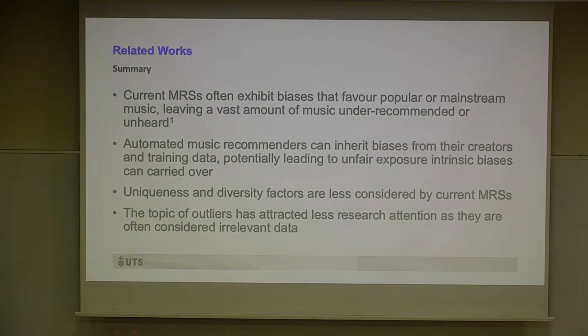Also, uniqueness and diversity factors are normally less considered by current recommendation systems, and the topic of outliers has received less attention in research as they are often considered irrelevant data.